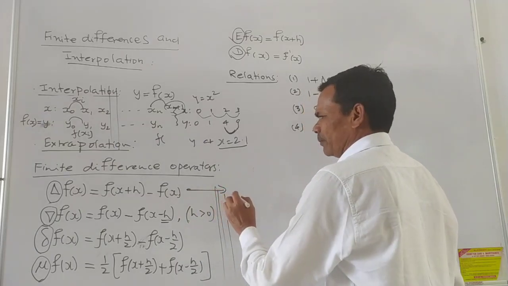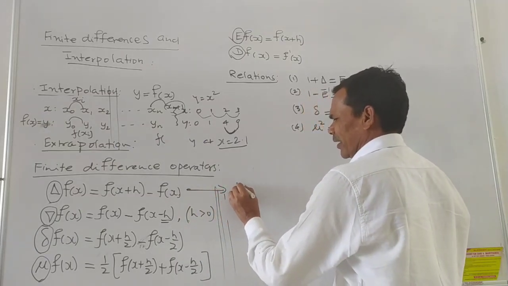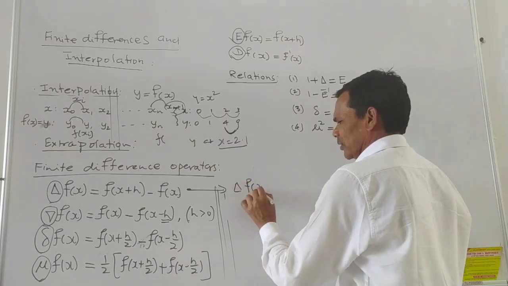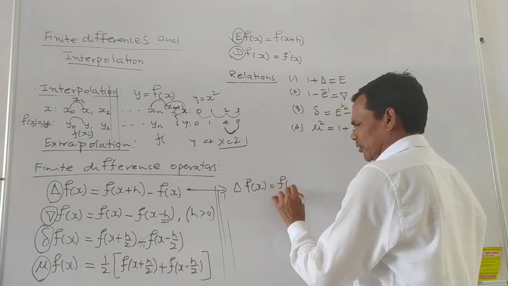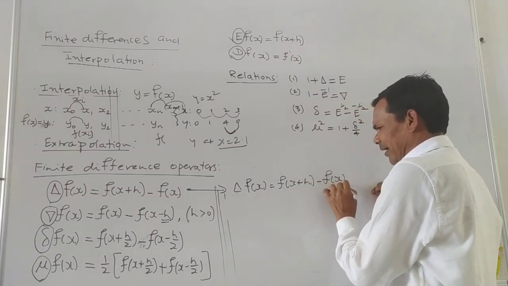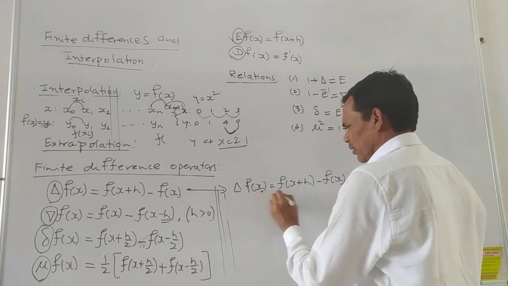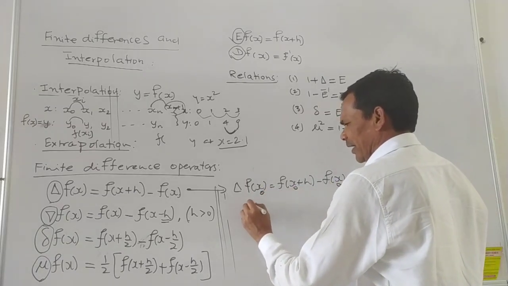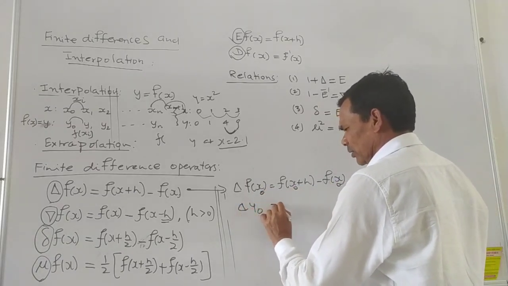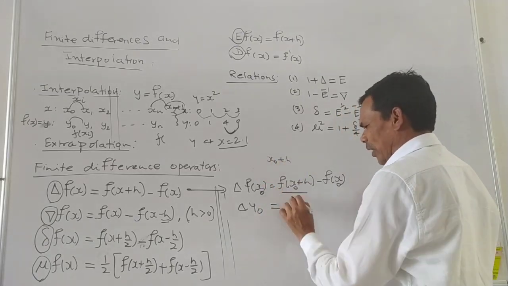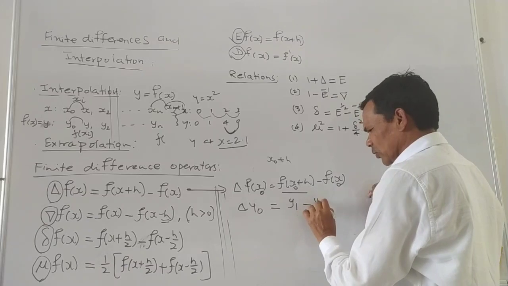Similarly, it can also be defined in terms of y. Delta f(x) is equal to f(x + h) - f(x). So at x0, this is delta y0, and at x0 + h it is y1 minus y0.